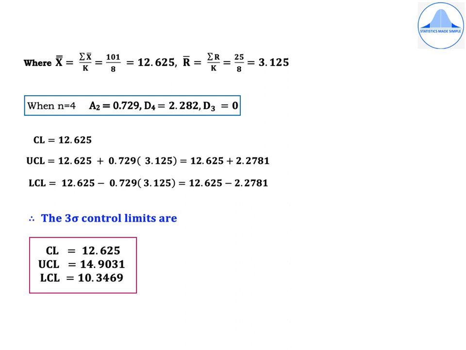On further simplification, the final 3 sigma control limits for the x bar chart are CL is equal to 12.625, UCL is equal to 14.9031, LCL is equal to 10.3469.